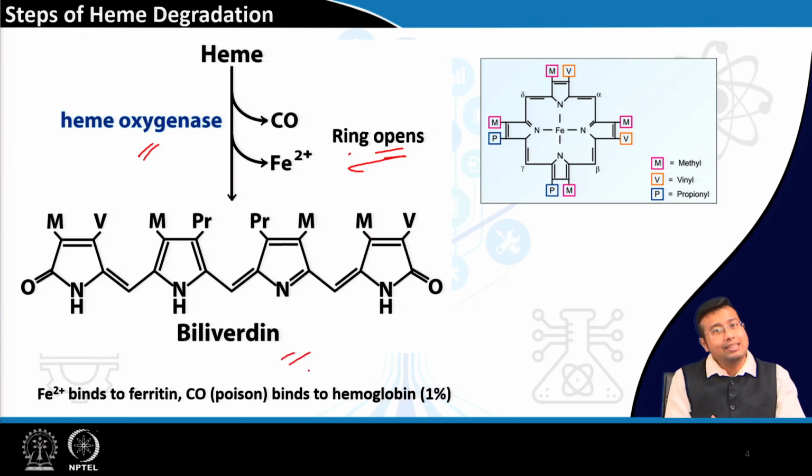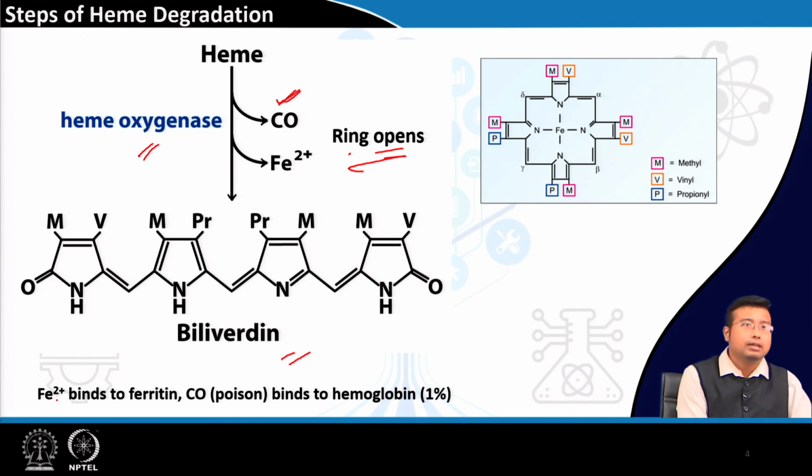There is a specific region where the chain needs to be opened up, and this reaction also produces carbon monoxide and iron is given up. We already know that heme is actually a ferroprotoporphyrin. So, now the iron is gone and it is now the open structure biliverdin, right.